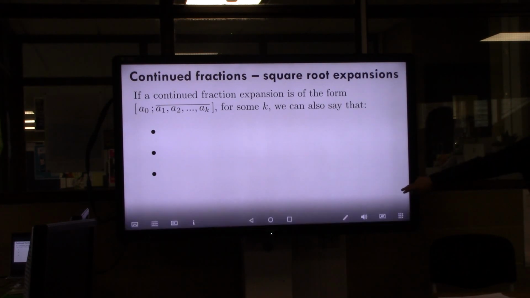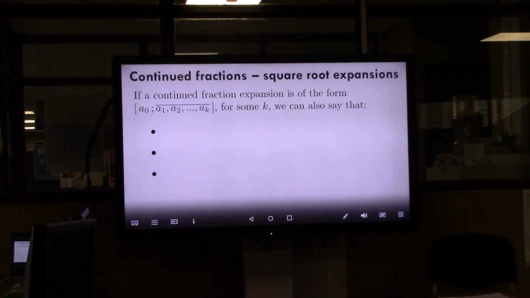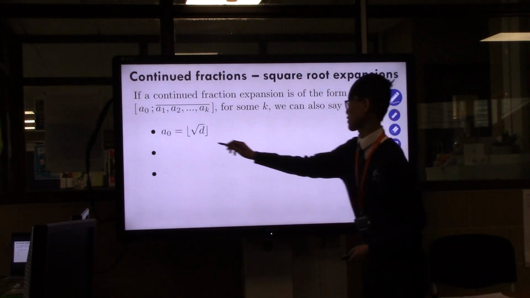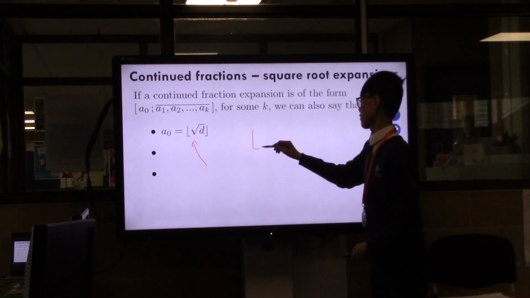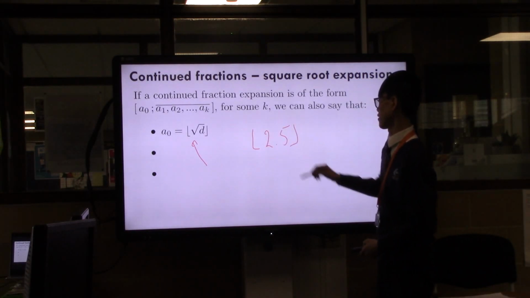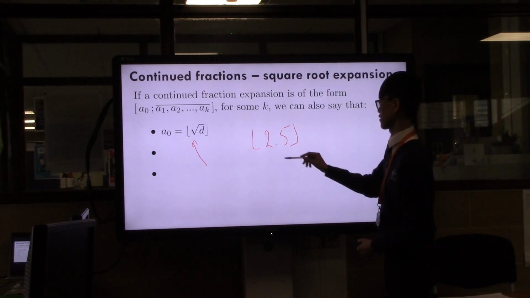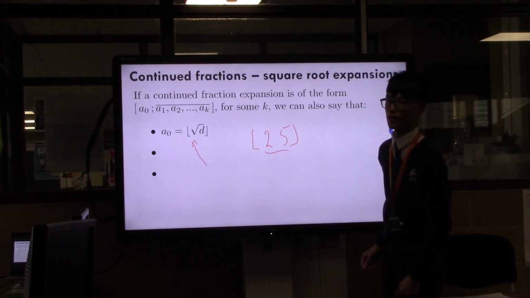Now there are some things we can say about continued fraction expansions of the form there. For some k, we can say that the integer part of the continued fraction expansion will be the floor of the square root of d. This notation here means the largest integer that is smaller or equal to this number here.